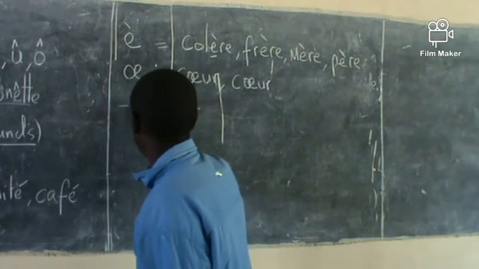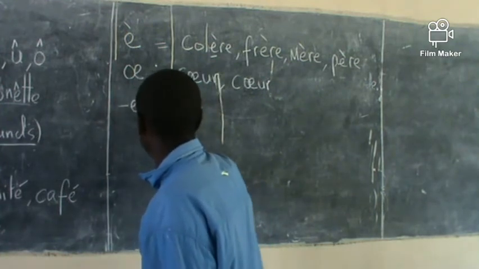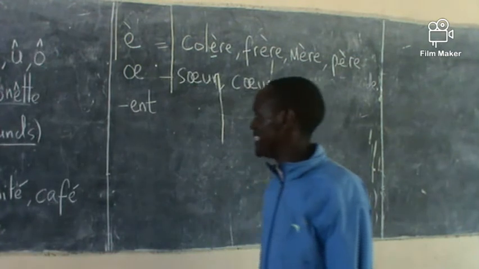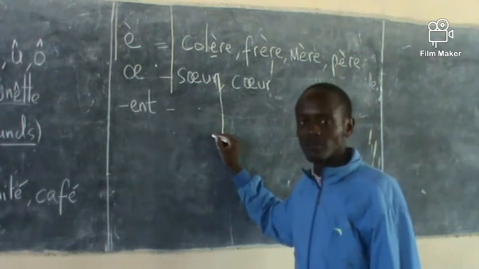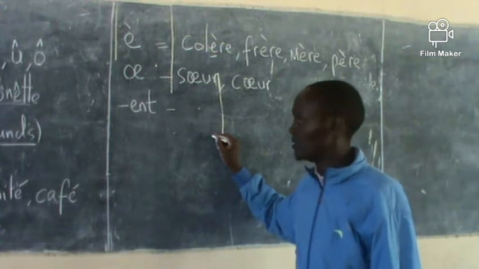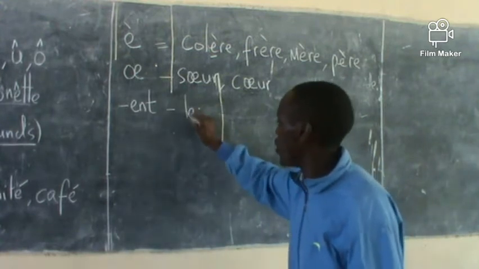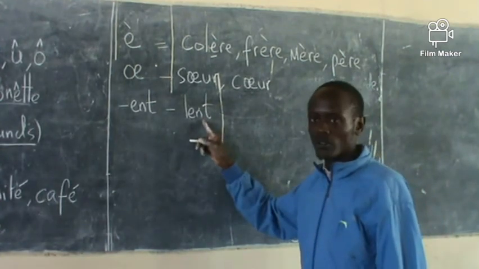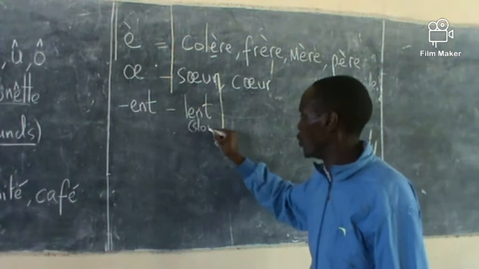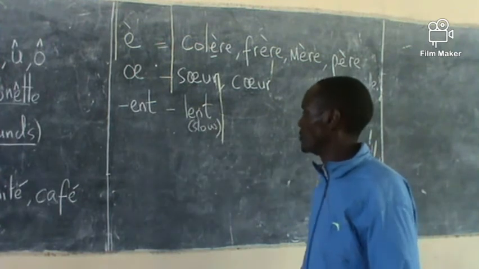The other sound that we have is when you have E-N-T. E-N-T is pronounced like this. For example, lent means slow. When you are saying that somebody is slow, you say lent.